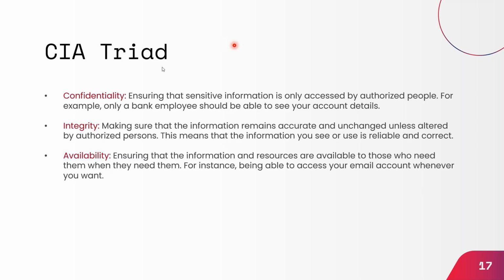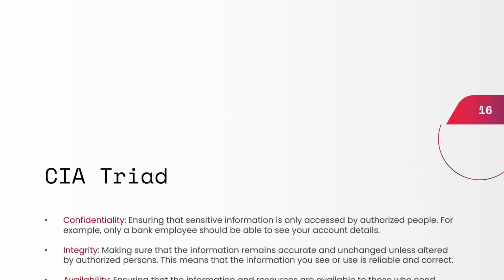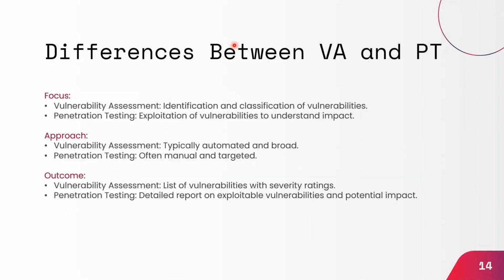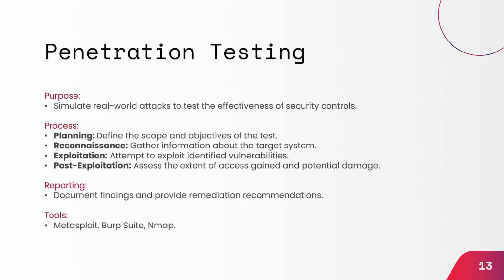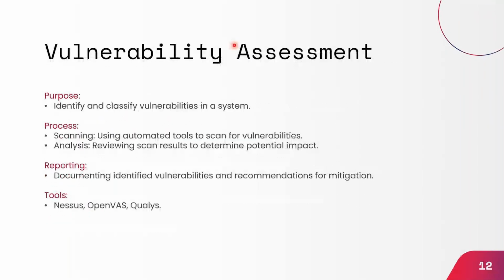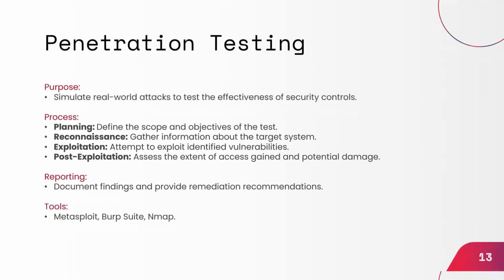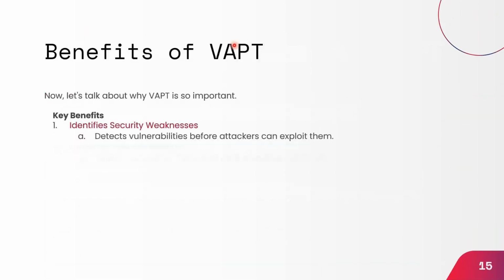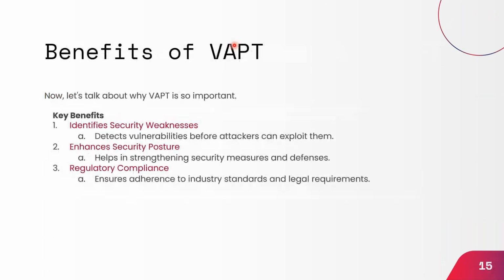Are you guys clear? Like, what is VAPT? Then, what is the difference between VA and PT? Why is it useful? What is the process of doing it? I'm just giving you some of the theoretical part over here.